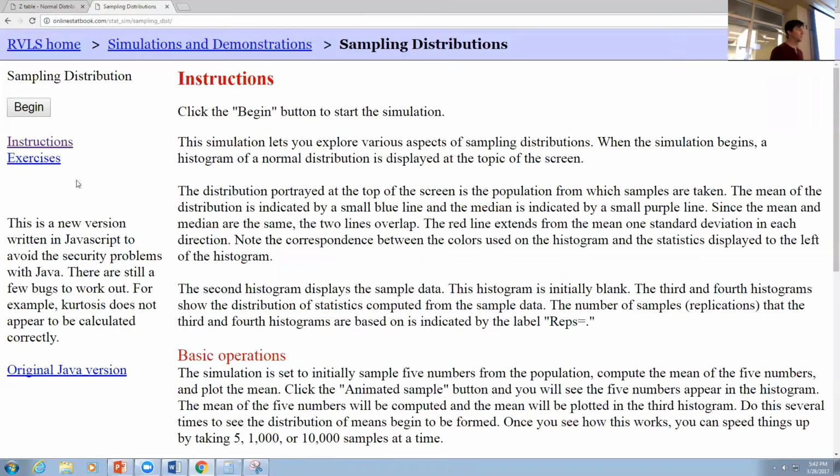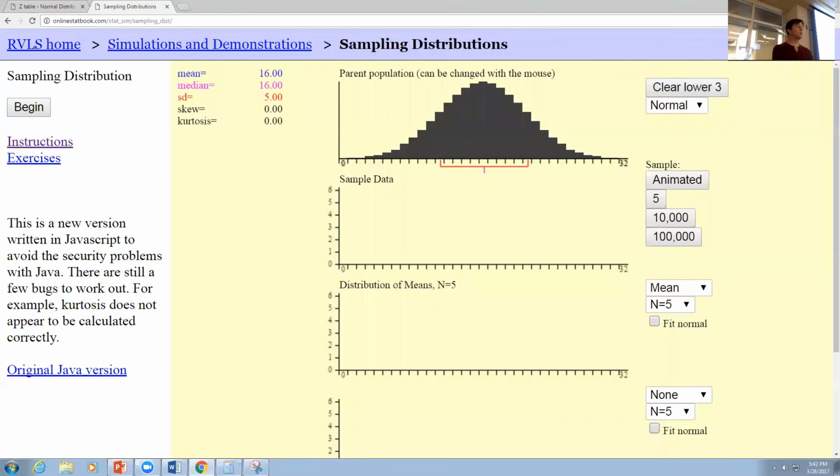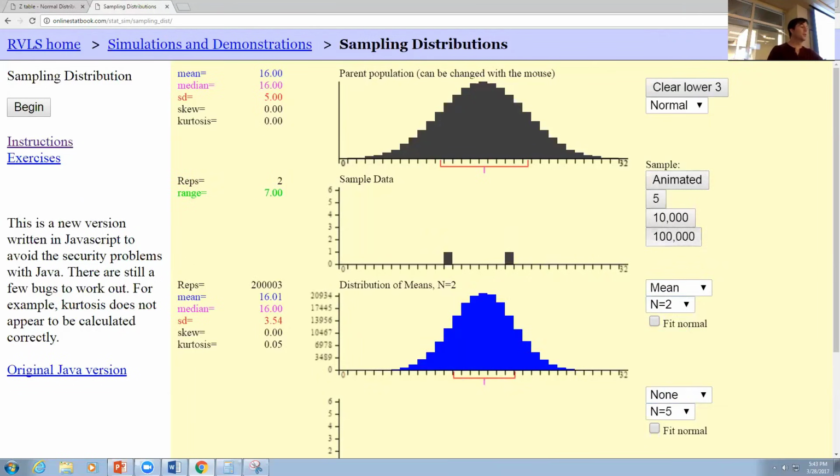And here we are. If our original distribution is normal, then a sample size of even 2, as in you take 2 observations and average them together, and you keep doing that, the new distribution will still be what? Normal.